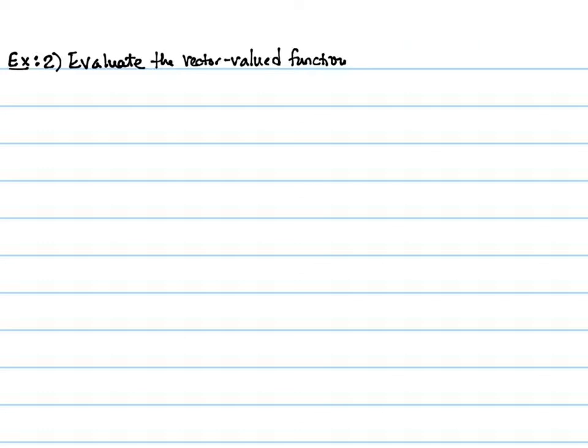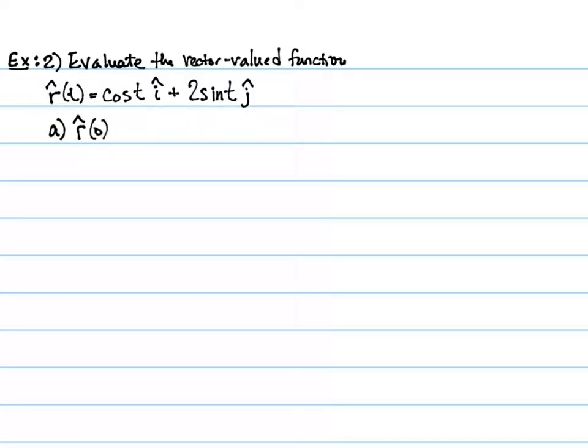And the one we're going to look at is r of t. We're going to do just 2 vectors. So it's going to be cosine t i plus 2 sine t j. And we're going to evaluate this at 0. And then we're going to evaluate it at pi/4.